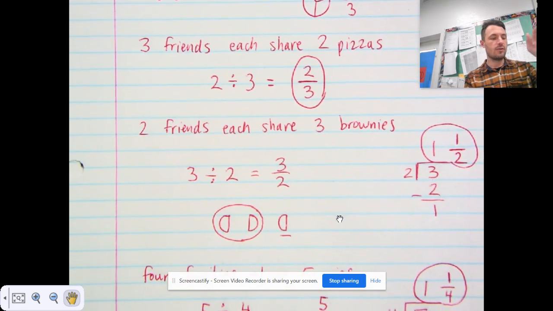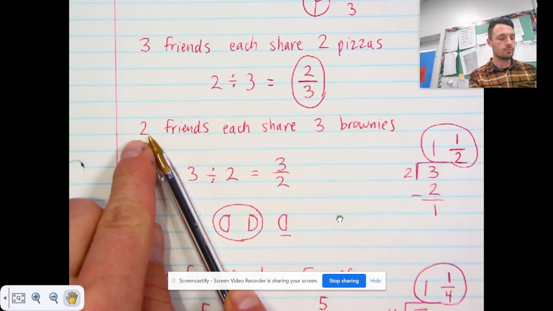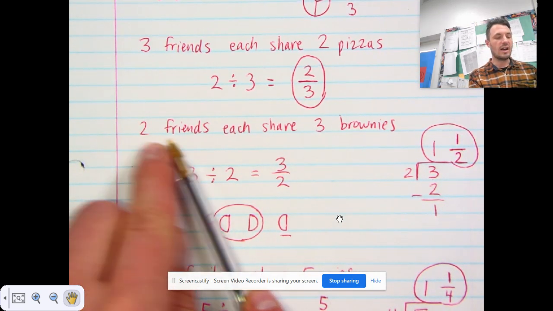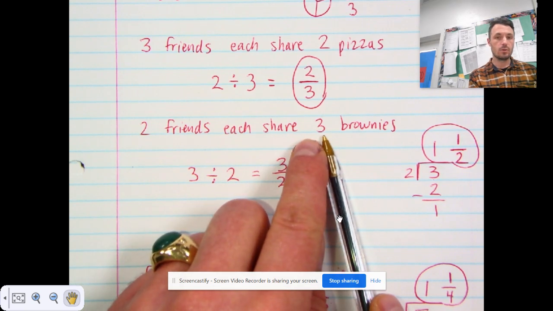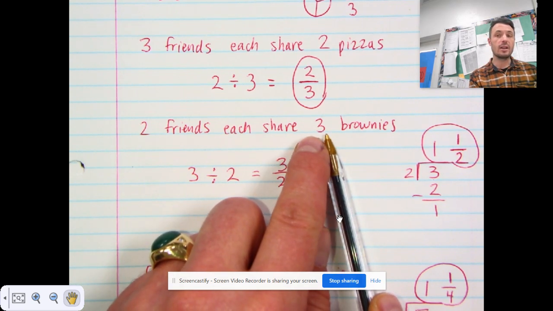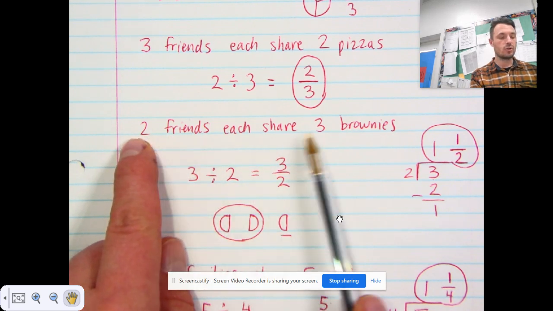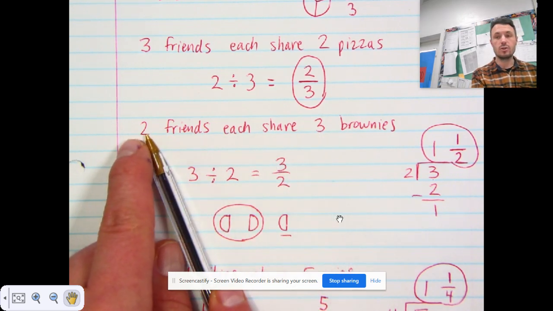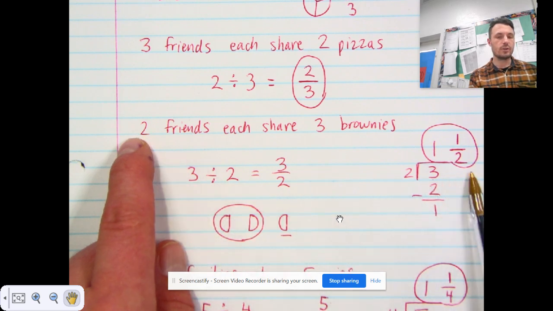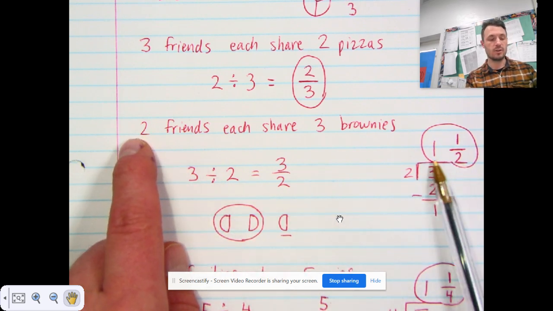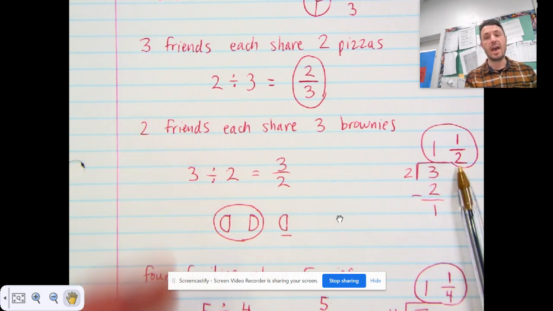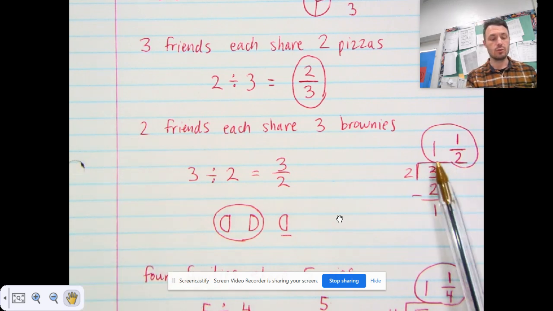But when you have a bigger number being divided by a smaller number, so if the thing being shared is more than the amount of things sharing it, so there's 3 brownies split between just 2 people, you get an answer that's more than 1, because each friend gets one whole brownie and half of another brownie. So the answer is 1 1/2.